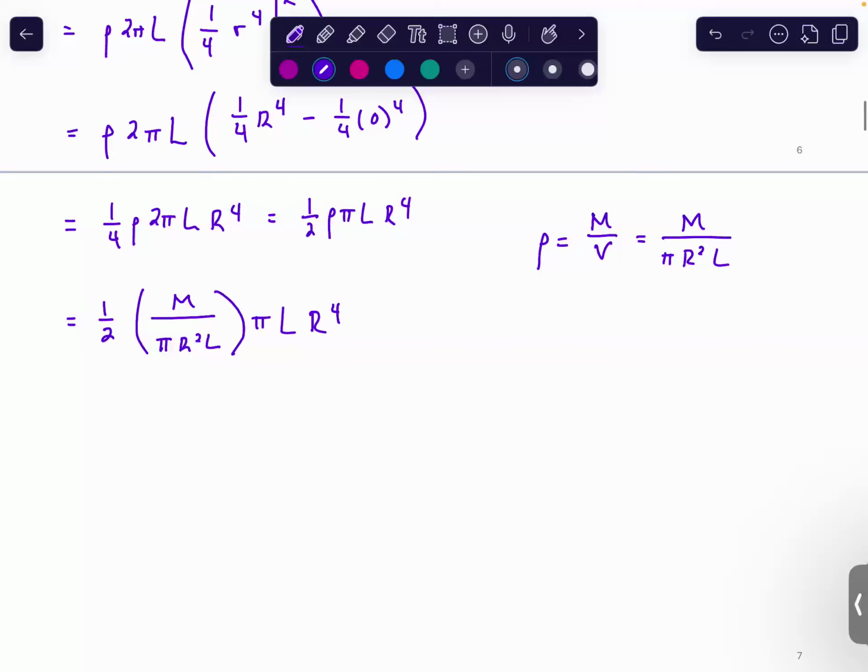And this ends up reducing down to 1/2 the mass of the cylinder itself multiplied by the maximum radius squared.